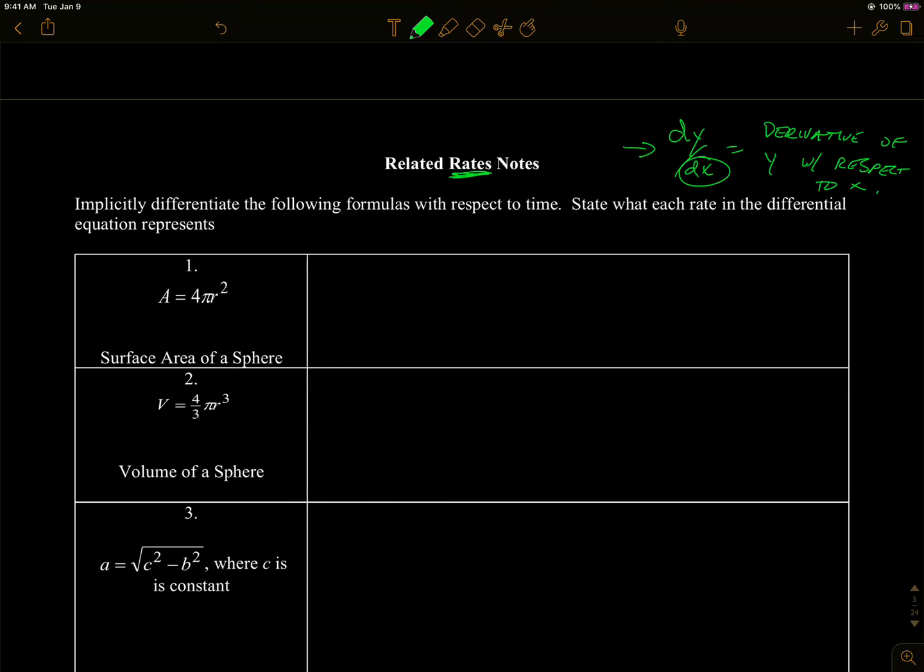So if I look at dy over dx, this notation's a little better than y prime because it sort of shows that we're talking about a rate of change, which we know is like change in y over change in x. It's like how much one quantity is changing divided by how much another quantity is changing.